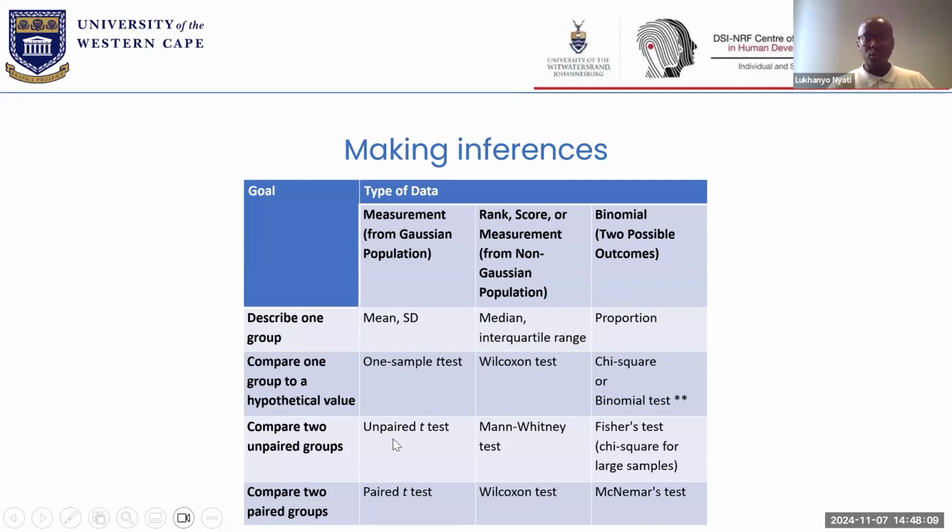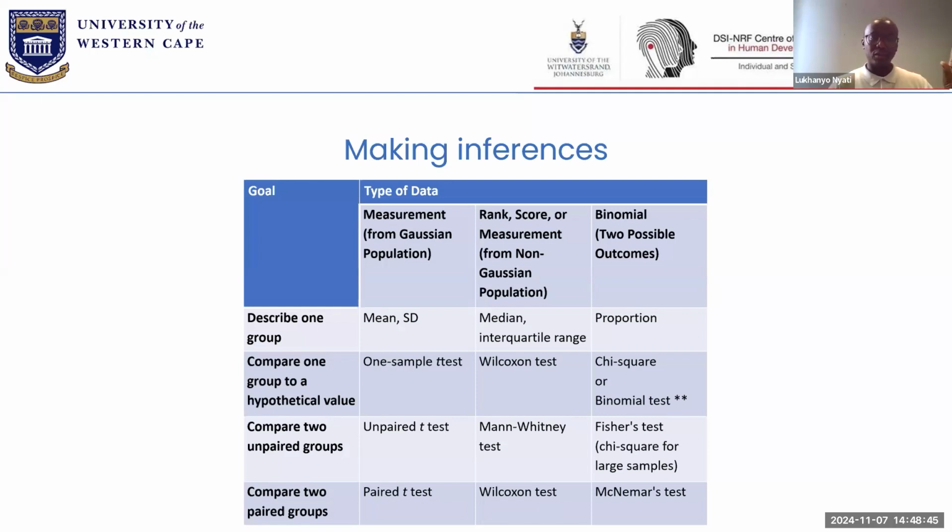If you are comparing two groups which are not paired, this is also important. In terms of groups, you can have groups which are paired. An example of a paired group is when you are measuring the same individuals before and after an intervention. Let's say there's an exercise intervention and you're interested in seeing levels of blood pressure before and after it. Let's use a dietary intervention, it's probably more intuitive.